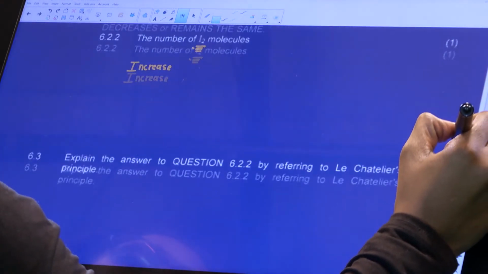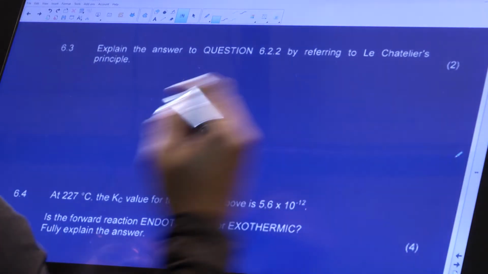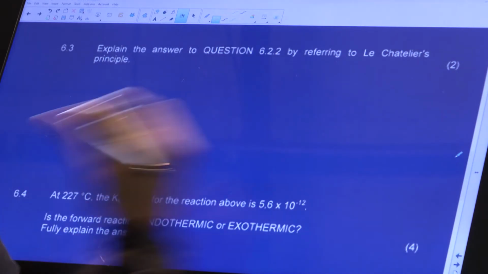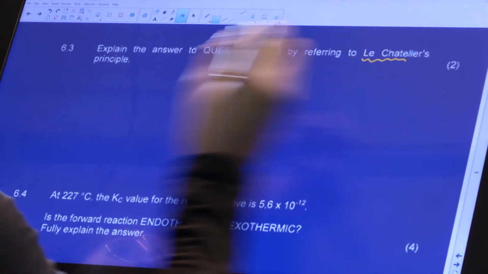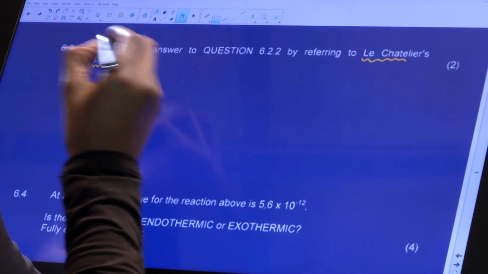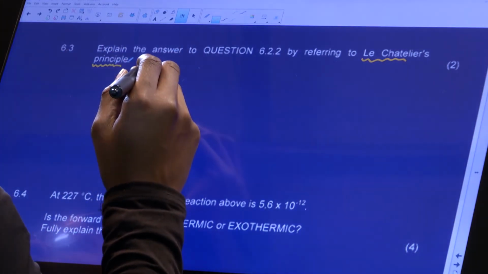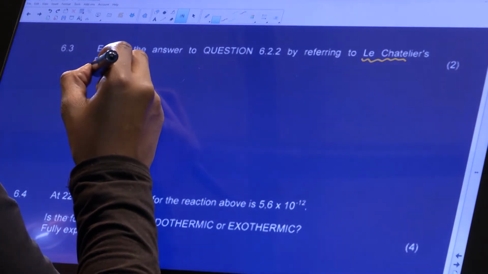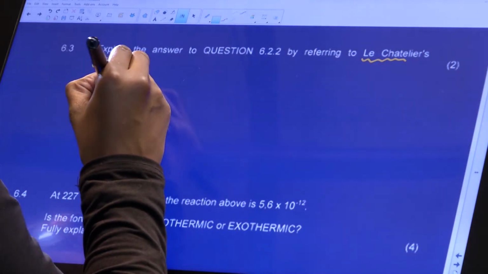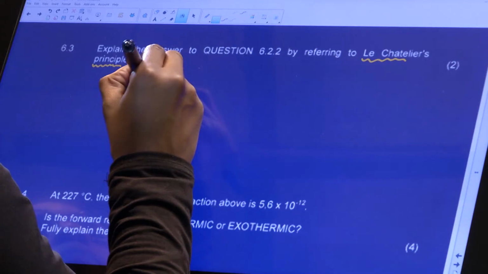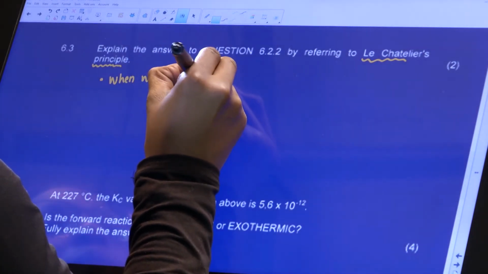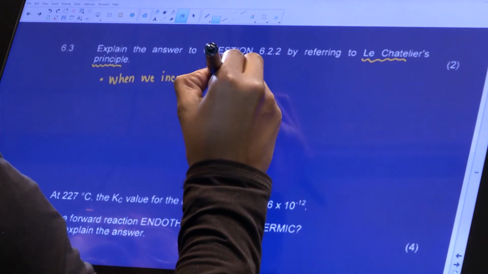Let's go down. So number 6.3 says, explain the answer to question 6.2.2 by referring to Le Chatelier's principle. Now, talking about Le Chatelier's principle, you must talk about the pointers that Le Chatelier says, the same way we used when we talked about the collision theory. Now, this is very crucial because when we increase pressure, remember, pressure is increased by decreasing the volume.